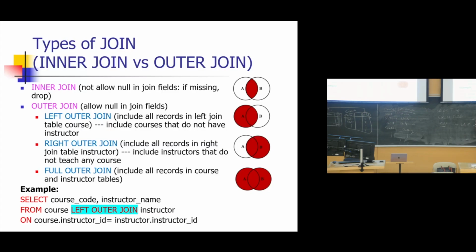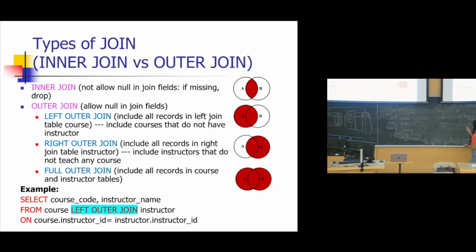All the courses, even if no instructor, left join or right join? Right join. Because right join means everything from the right table, even if the left one is null. Everything from course, even if instructor is null. So you can swap the position of these two and change right and left join.